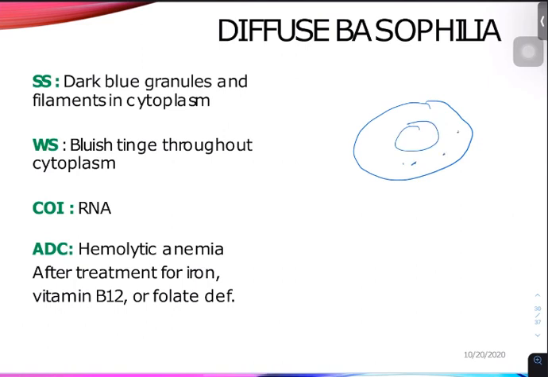Your cell has basophilia because possibly it still has an RNA remnant that still takes up basophilic dyes. Associated disease or condition: hemolytic anemia, and after treatment for iron, vitamin B12 deficiency or folate deficiency.